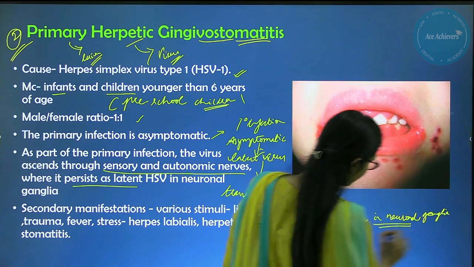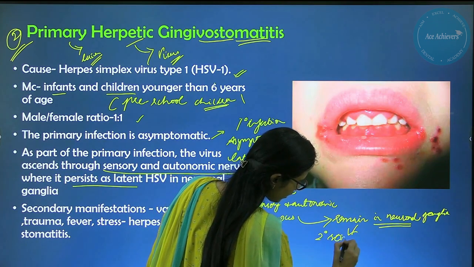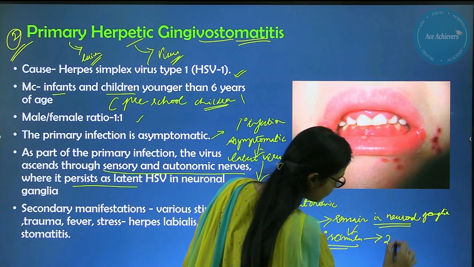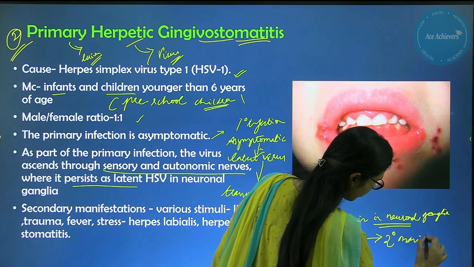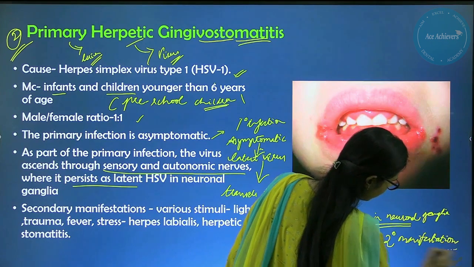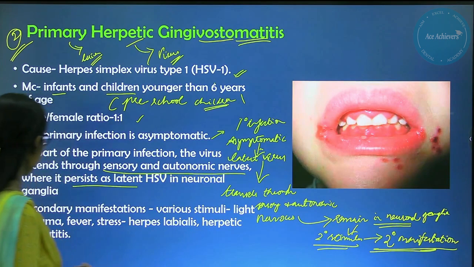And whenever there is a secondary stimulus in the later period of life, this is going to show some secondary manifestations. Okay. So this is the clinical course of herpes virus lesions.